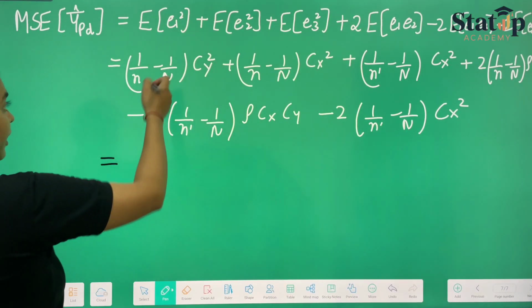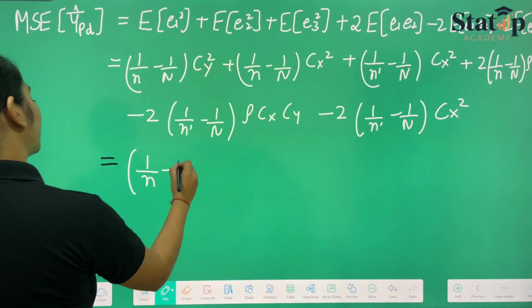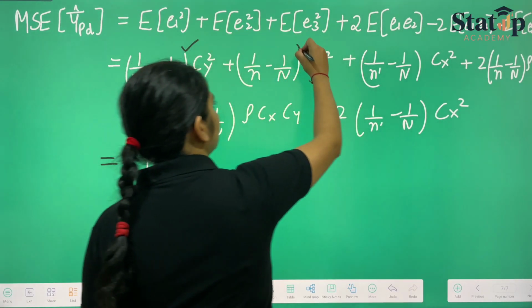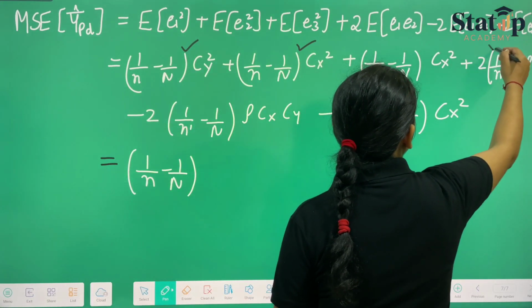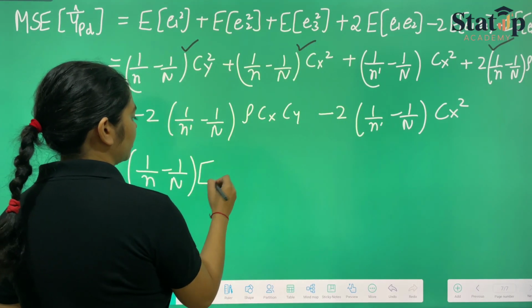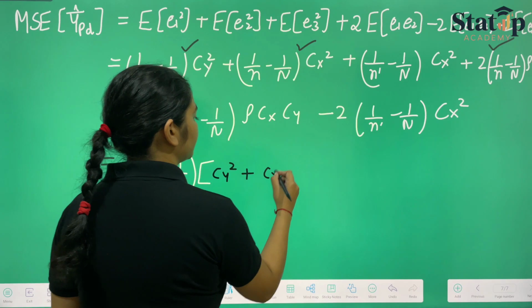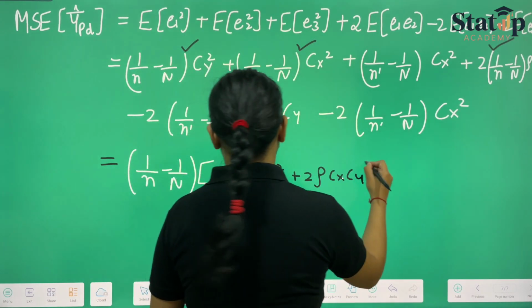Common terms is 1 upon, I am taking the terms including the coefficient, 1 upon n minus 1 upon capital N. One is Cy square, one is Cx square, and the other one is this rho Cx Cy. So it will be Cy square plus Cx square plus 2 rho Cx Cy.